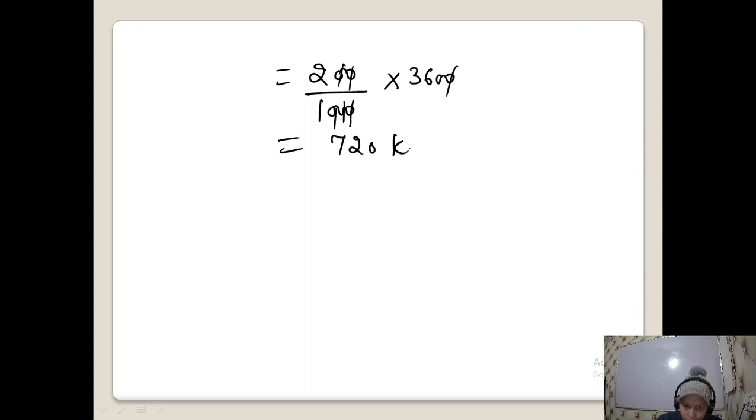You can also find it in hours or in kilometers. 200 over 1000 for converting meter to kilometer, multiply by 3600 for converting from seconds to hours. Zeros cut with zeros, we will find that it is 720 kilometer per hour.